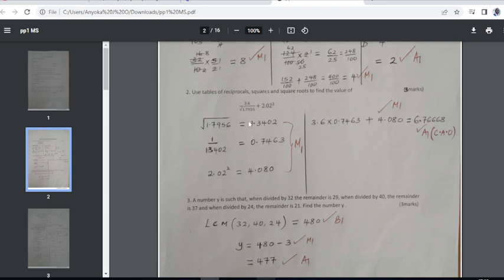So we are multiplying the numerator 3.6 times 1 over 1.3402, that is, times the reciprocal of 1.3402, plus 4.080. So you get your answer directly. Sometimes you'll be told to express your answer to some decimal places.